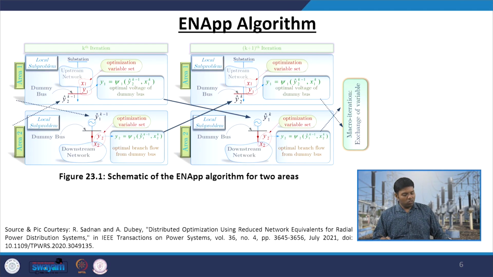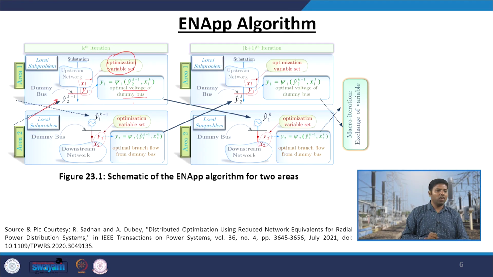convergence. So, if you see the NAP algorithm schematic, for the upstream area, you will get the downstream area load values for a particular iteration. You will solve the optimization and you will get the optimal voltage for the dummy bus. Similarly, at the downstream area, you will get the voltage values from the upstream area.